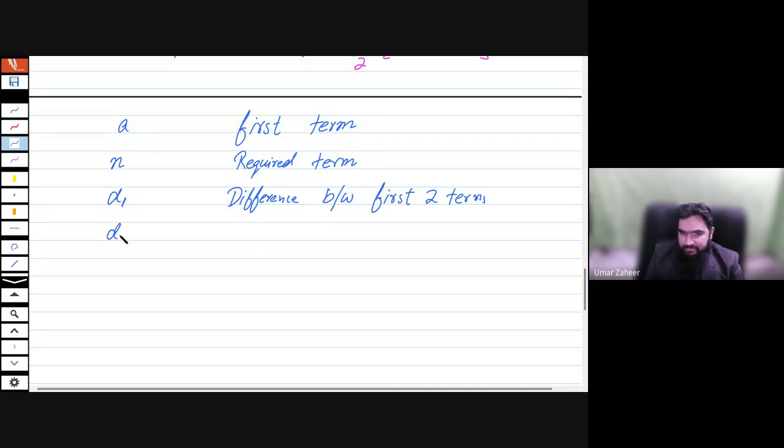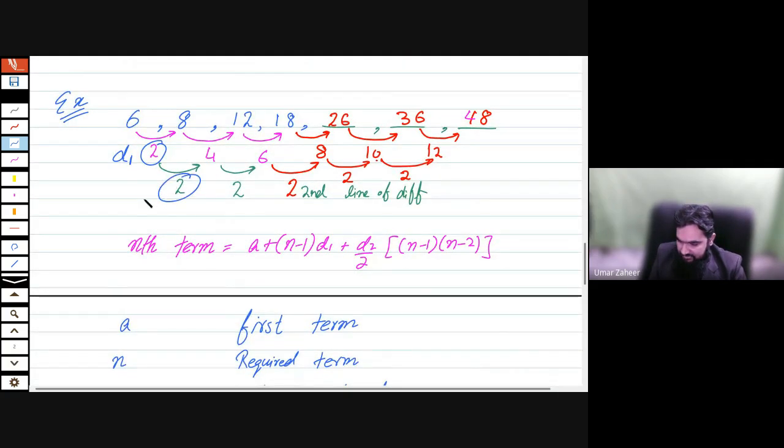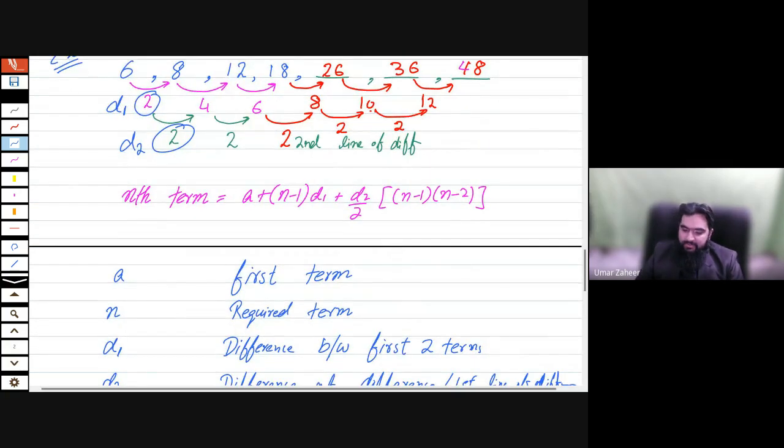The second thing, d2, is the difference of differences, or you can say the difference of the first line of differences. Clear? Yes, sir, the formula is clear.